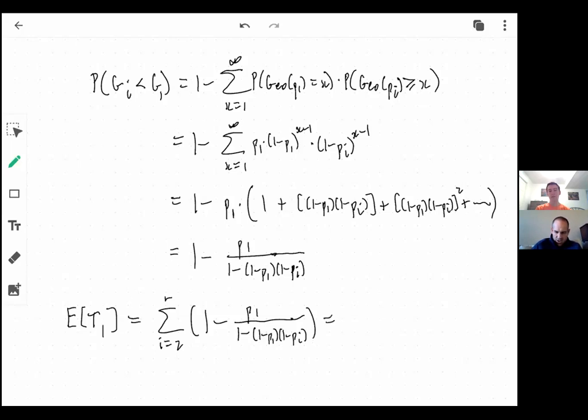You could write this as R minus 1 minus this sum. I don't immediately see a way to simplify that. Of course, you could factor out P1, but without knowing more about the PIs, I don't think you can simplify more than that.